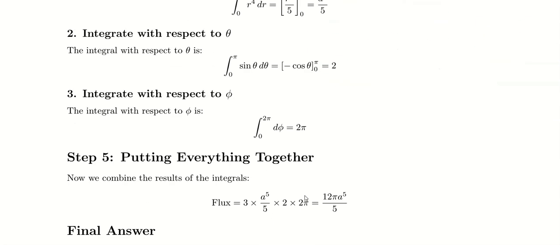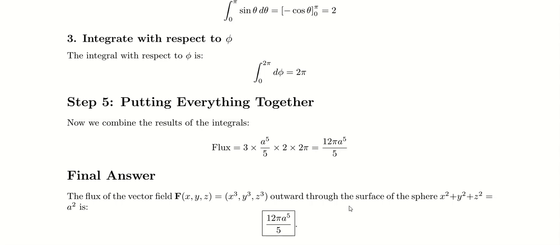So that's this step down here, which is 12 pi a to the fifth over 5. And so that's going to be the flux of the vector field.